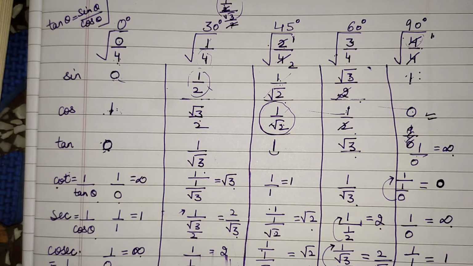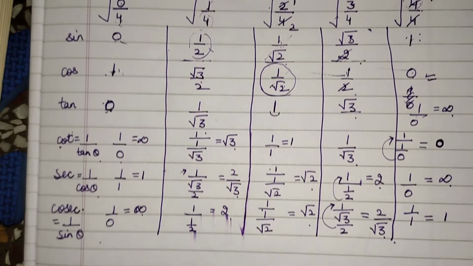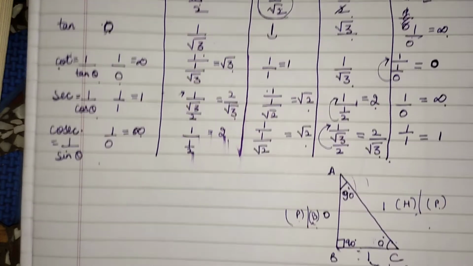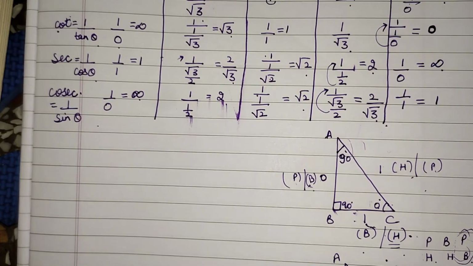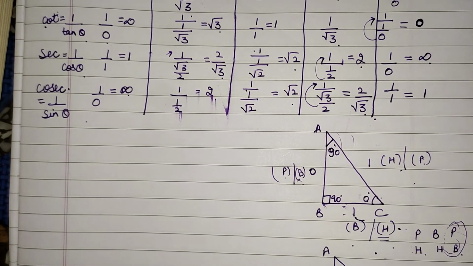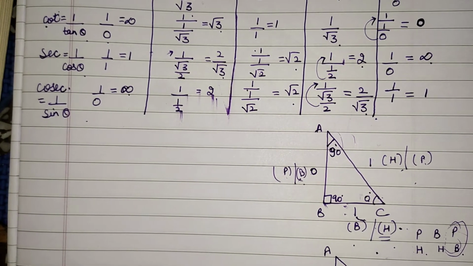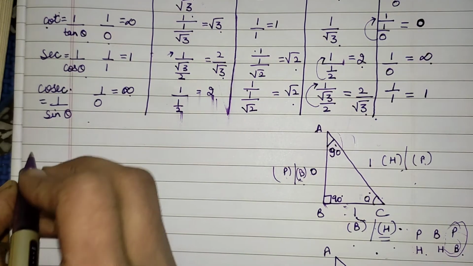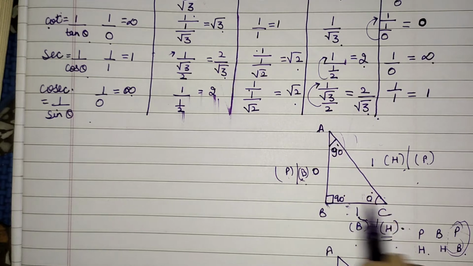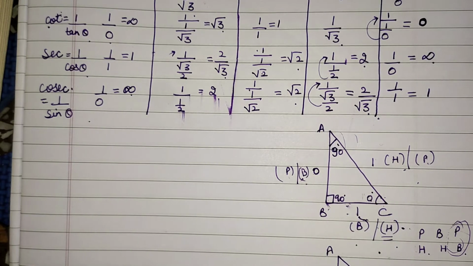Okay, next, in your exam you can follow any trick whichever you feel is fine for you. So let us start our second trick. By using this second trick you will be able to find out the values of two angles at one time. Suppose you know that the sum of angles of a triangle is equal to 180 degrees.